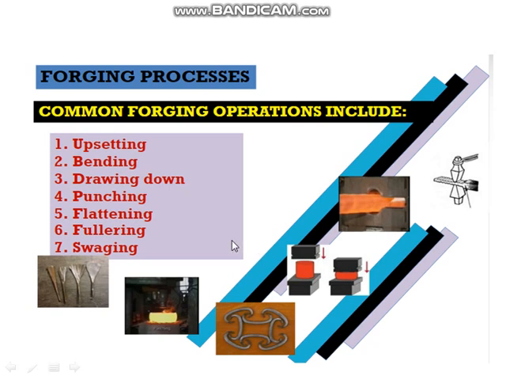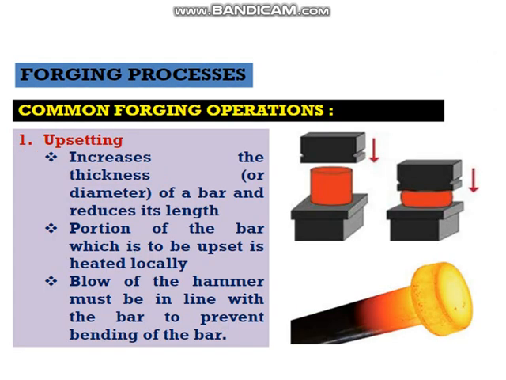Forging process. Common forging operations include upsetting, bending, drawing down, punching, flattening, fullering, and swaging. In upsetting, we increase the thickness or diameter of a bar and reduce its length. The portion of the bar to be upset is heated locally. Blows of the hammer must be in line with the bar to prevent bending.